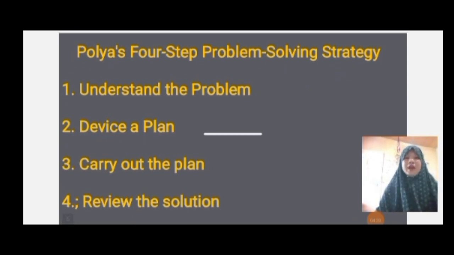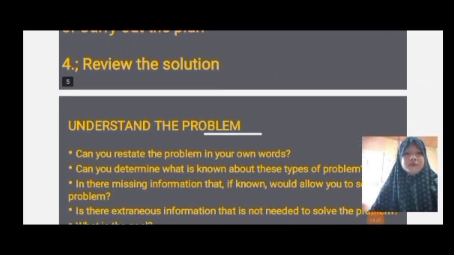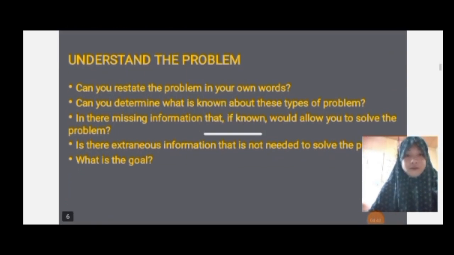Number 1, understand the problem. Number 2, devise a plan. Number 3, carry out the plan. Number 4, review the solution. Understand the problem: can you restate the problem in your own words?